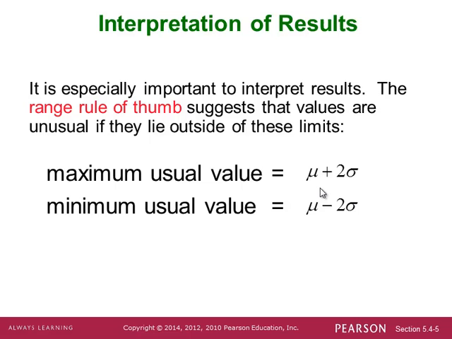Any value within 2 standard deviations of the mean would be a usual, or at least not unusual, observation. But if the observation is greater than 2 standard deviations above the mean, or less than 2 standard deviations below the mean, then that would be an unusual observation.